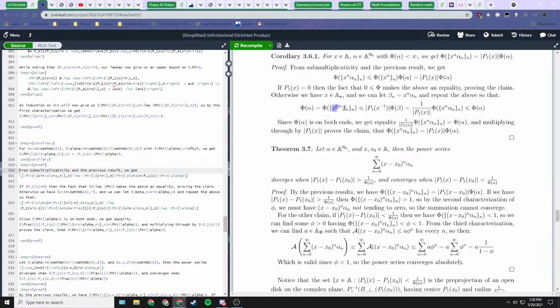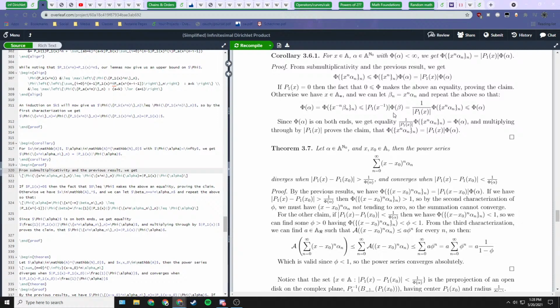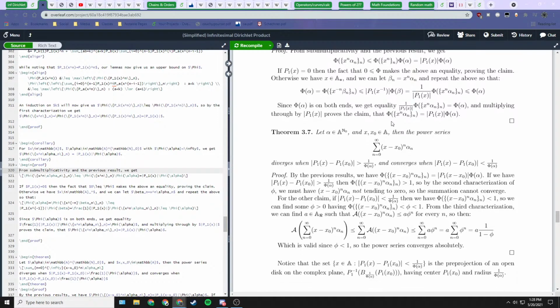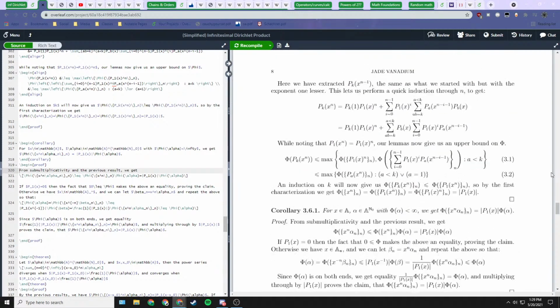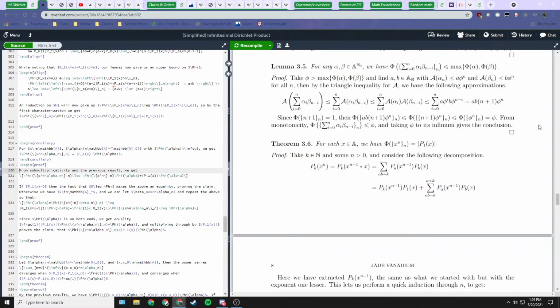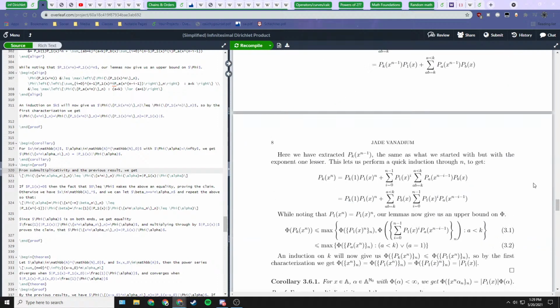This x power negative n and this beta sub n. So then we use the same sub-multiplicativity thing, and that gives us this, and then we multiply through by p1 of x. Cool. Okay, so this checks out. So this is fixed. So we fixed the little imprecision on that 0 times infinity.